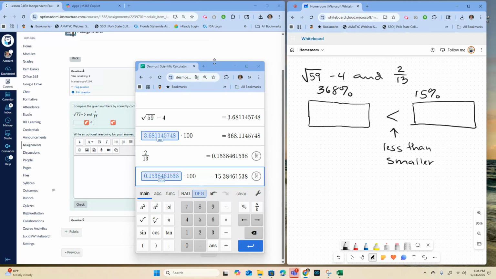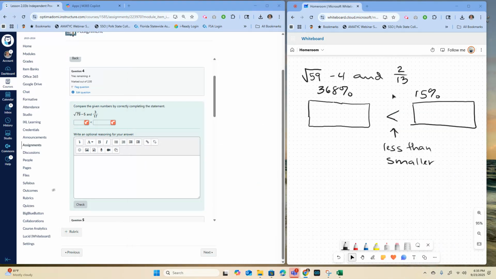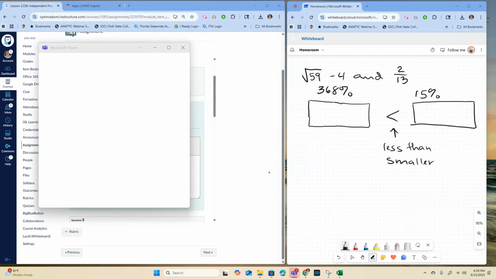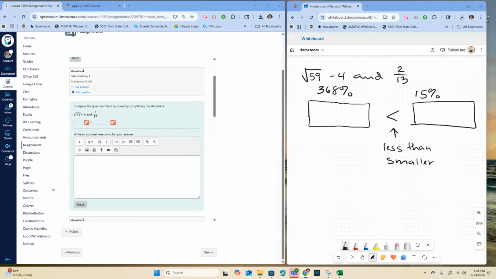Now that you have them as percentages, it's much easier to compare the percentages than the decimals. Okay? And you can see here that 368 is not smaller than 15%. 15% is smaller than 368. And the 15% basically means that the fraction 2 over 13 is smaller than square root of 59 minus 4.